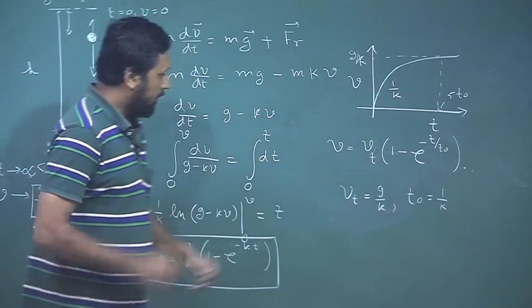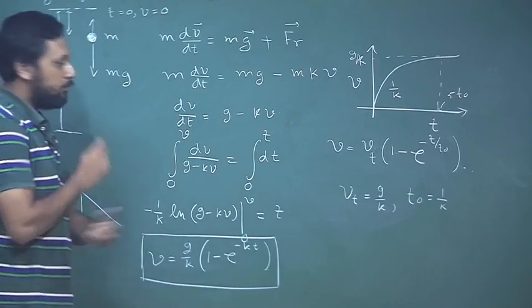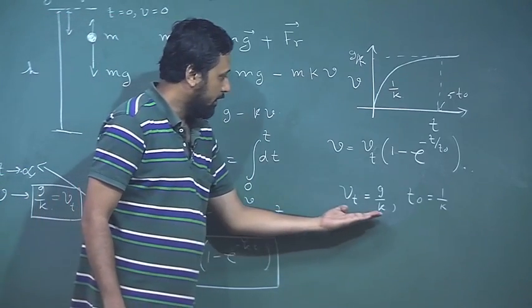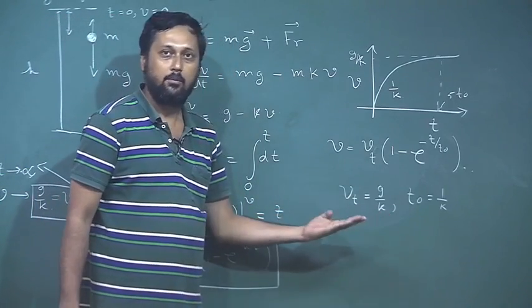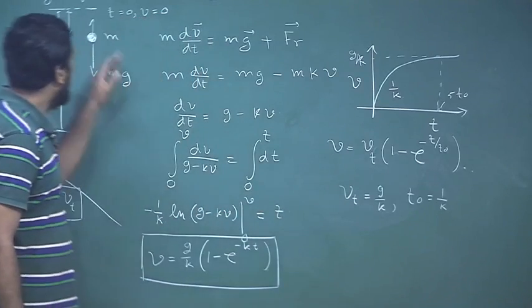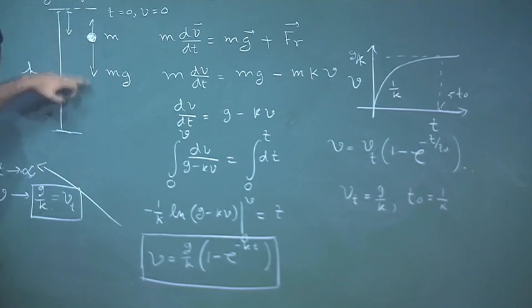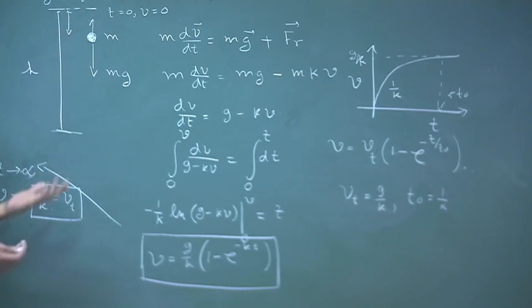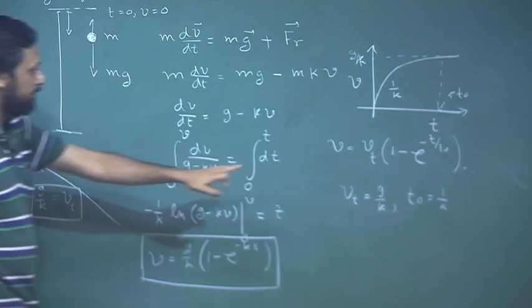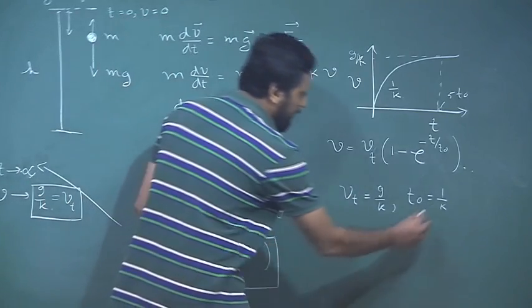So, if someone asks you what is the time for this terminal velocity to take place, after starting from this point, after how many seconds it will essentially reach this terminal velocity, you can always calculate.